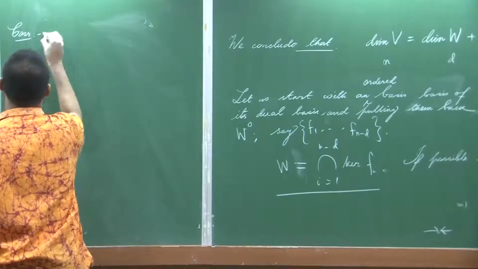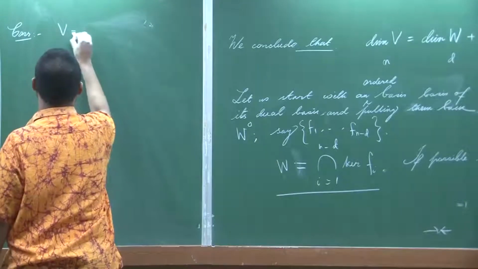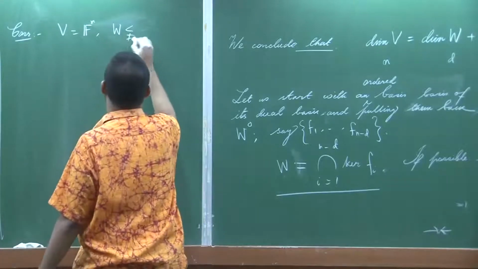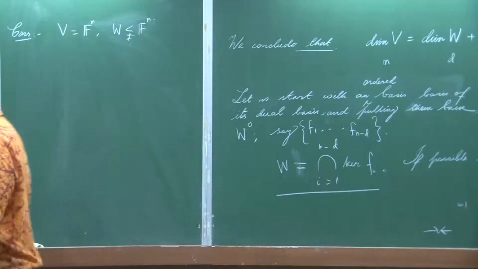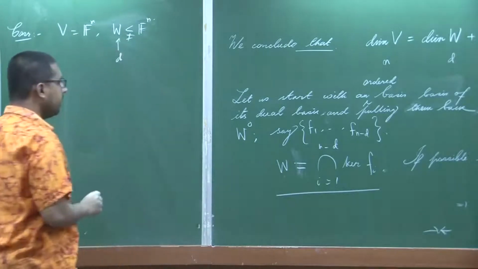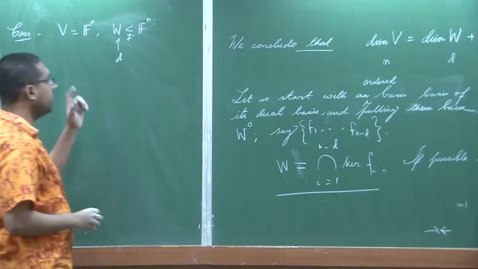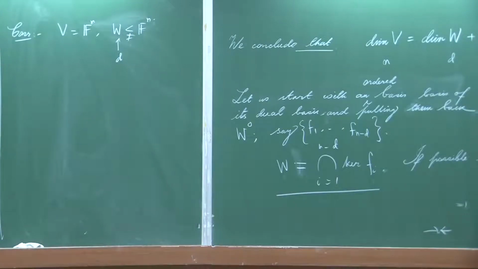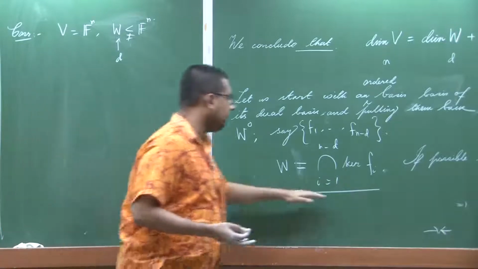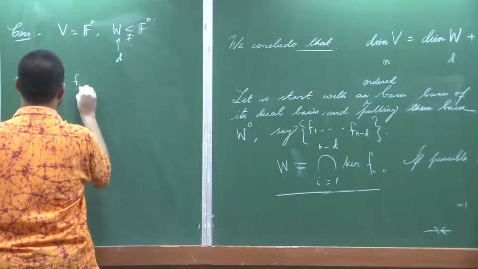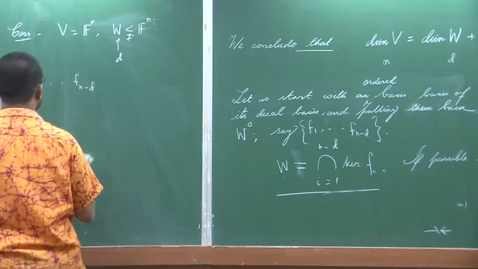Corollary. In the very special case, V is Fn and W is a proper subspace of Fn. Suppose the dimension of W is d, then we have n minus d linear functionals on Fn such that the intersection of their null spaces is W. Let f1 up to f(n minus d) be those functionals.